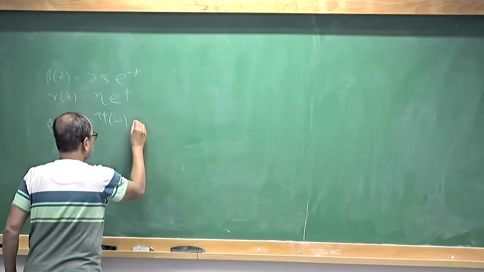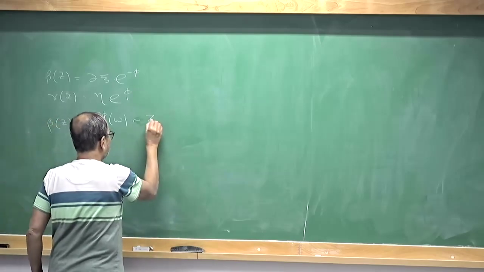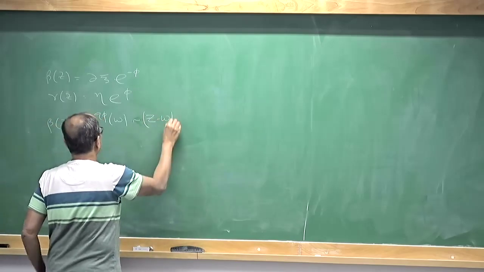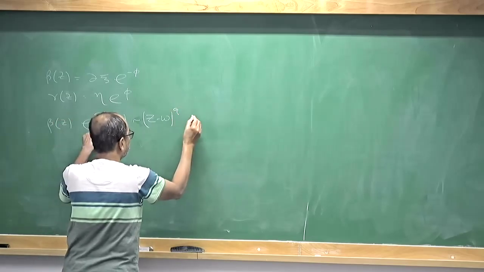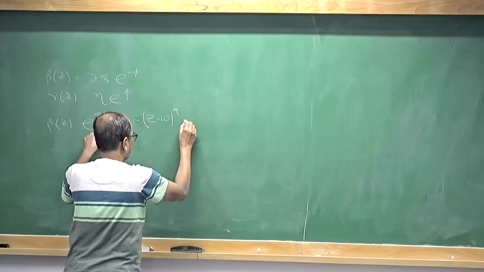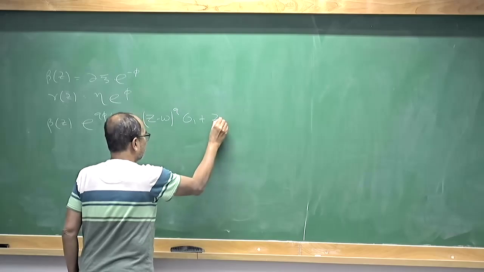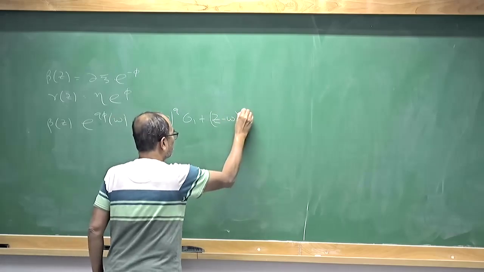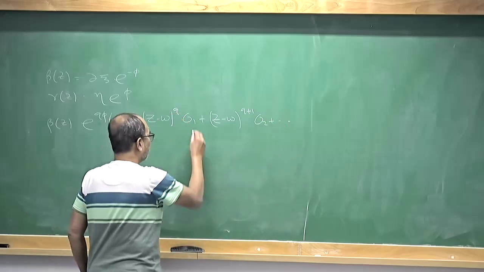So this goes as (z minus w) to the power q times some operator. Let me call it O1, plus (z minus w) to the power q plus 1 times O2, and so on. They're all at w.